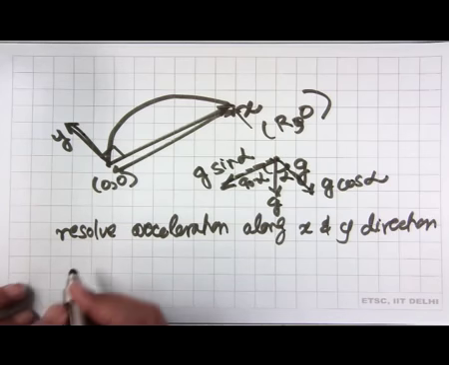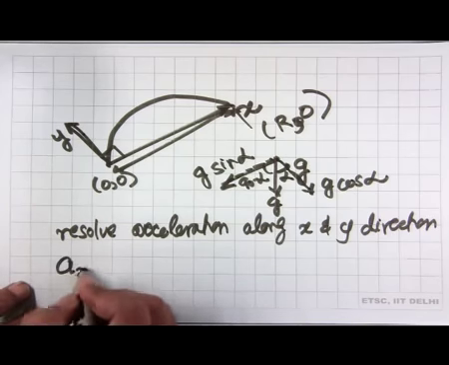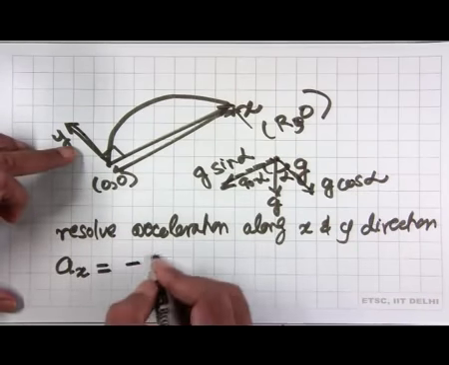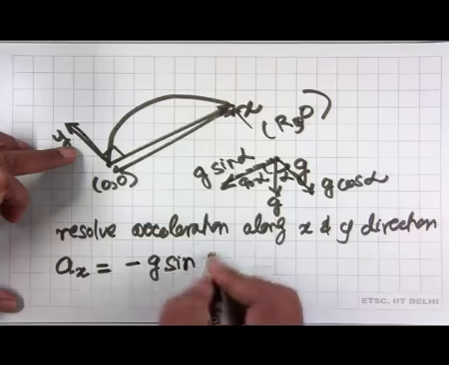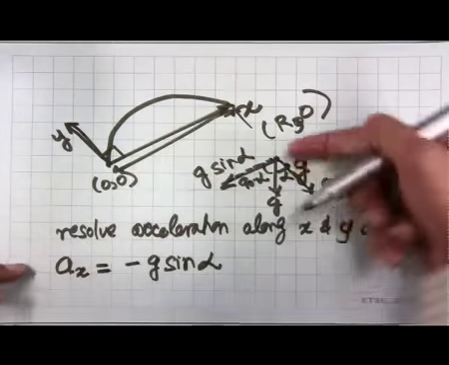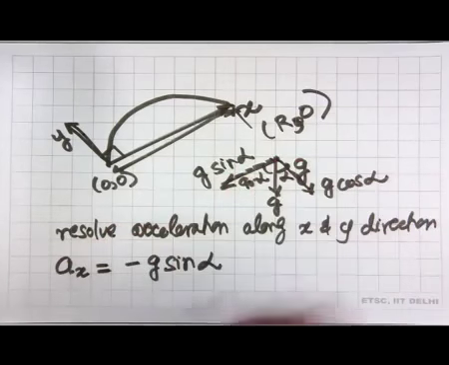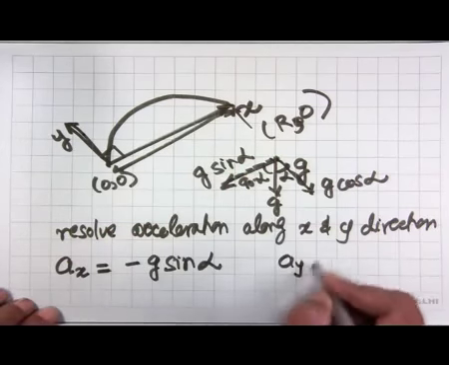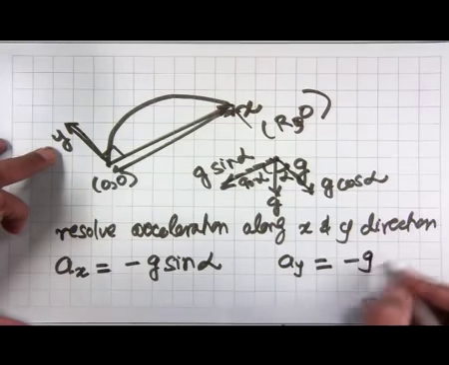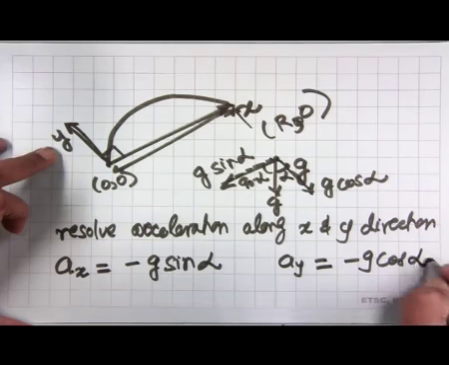Therefore, the x component of the acceleration is equal to minus g sin alpha, since I have taken x along the incline and g is along the minus of this, and the y component of acceleration will be equal to minus g cos alpha.